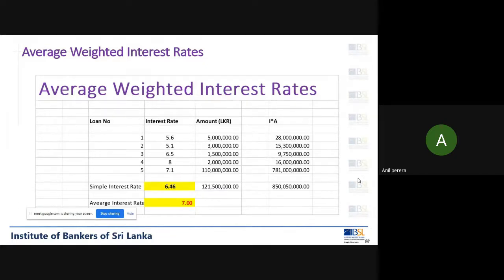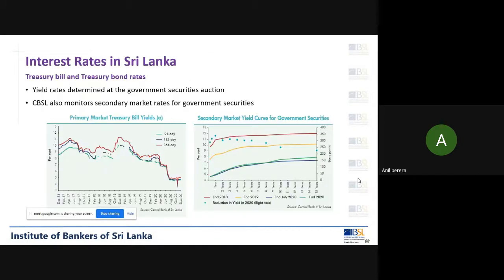Now let's move on. For government securities also, you can calculate that weighted average rate. When we take the interest rates of government securities, you call them yield rates. That is the term we normally use. Yield rate means the interest rate on government securities.